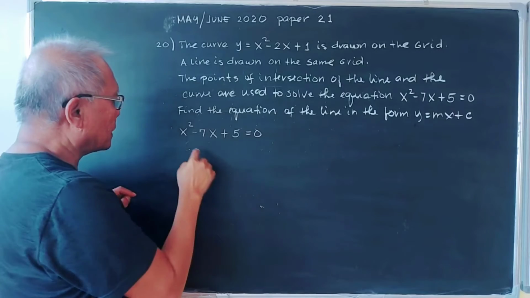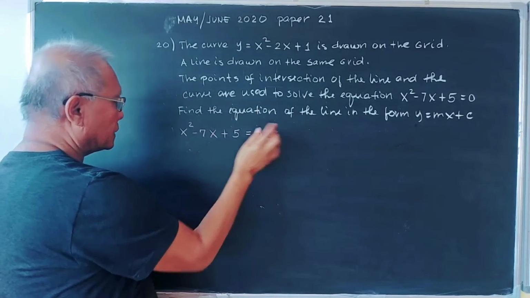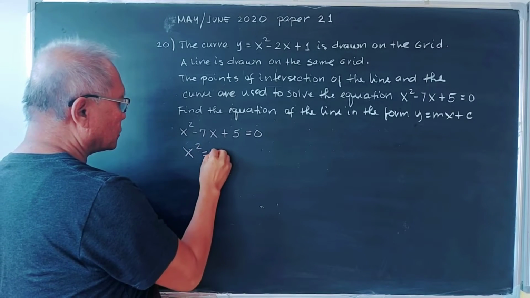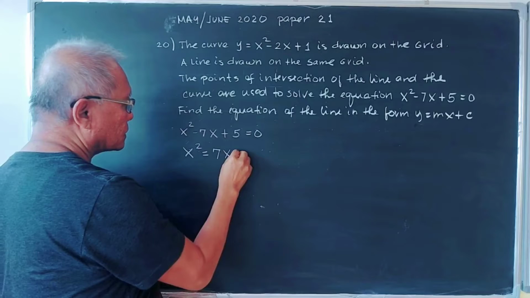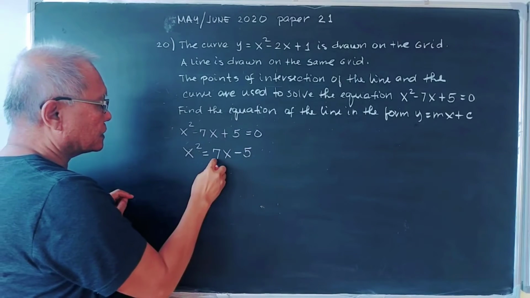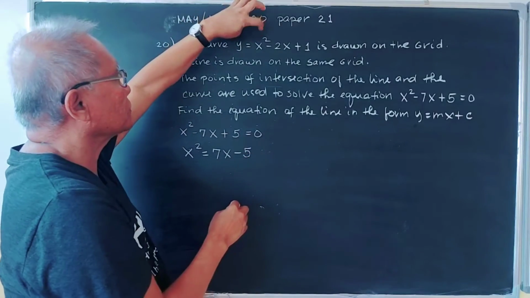To solve for x squared, we just transpose minus 7x plus 5 to the right. So we have x squared is equal to positive 7x minus 5. And this 7x minus 5 is the one that we are going to substitute here.